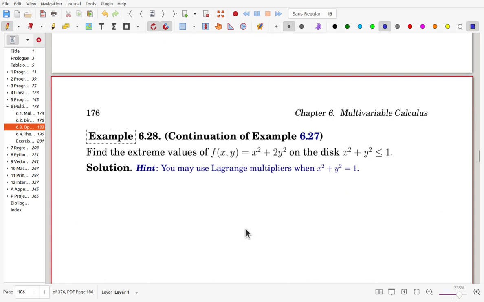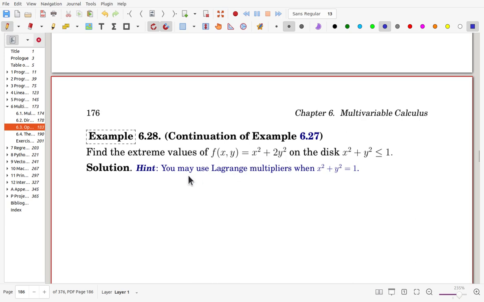Now we do a continuation from the last one. Now we try to find extreme values of f of xy, the same, but rather than the curve, now the domain is the curve and the inside of the unit circle.